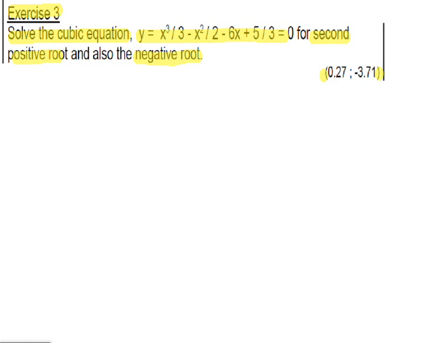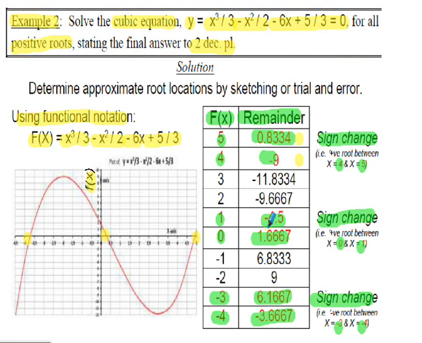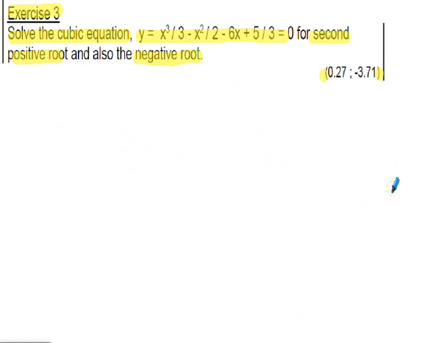If we go back to the trial and error table of example 2, here we can see that the second root will occur between 0 and 1 on the x-axis, and the negative root occurs between negative 3 and negative 4. So we need to iterate between these various ranges to find the positive and the negative root. I encourage you to stop the presentation and attempt this exercise now. Worked solutions are shown on the following slides.